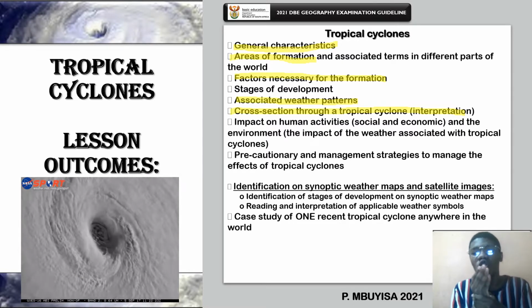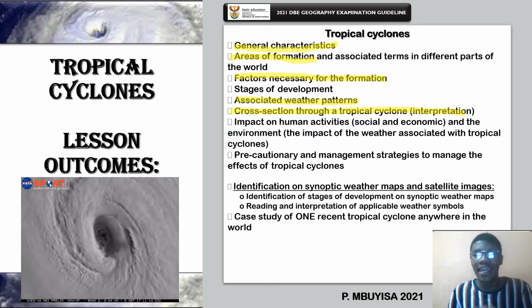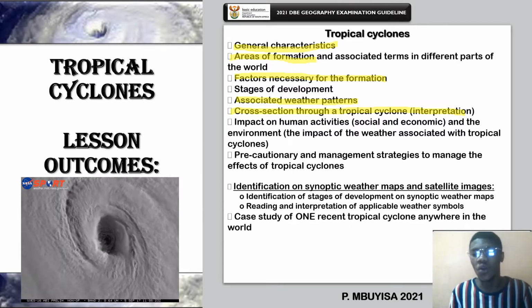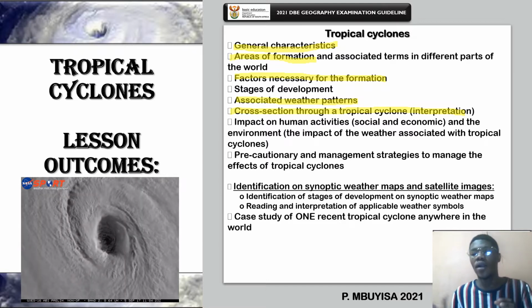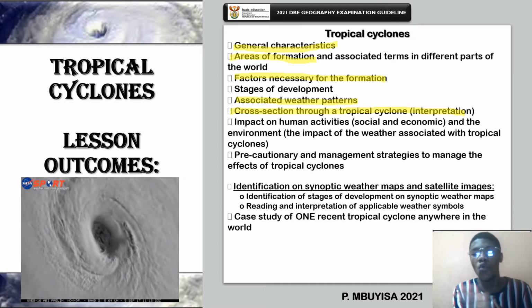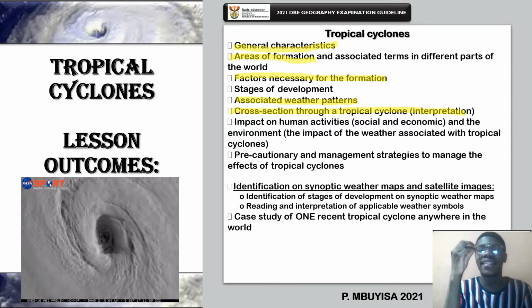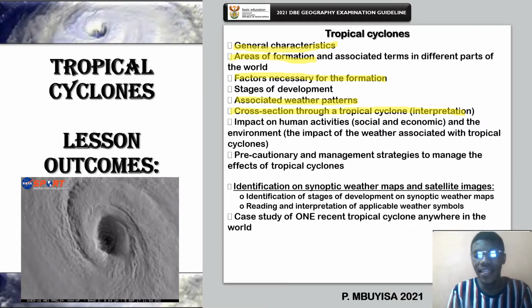Since we have tropical easterlies dominating that region, it means that these systems will be steered, or driven, or caused to move in the westerly direction as driven by your tropical easterlies.